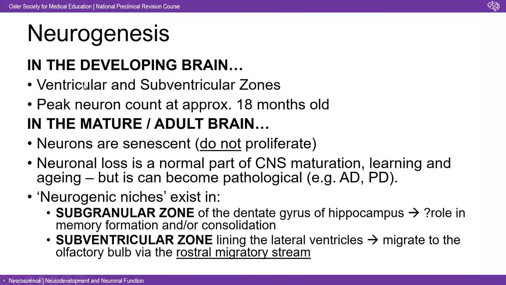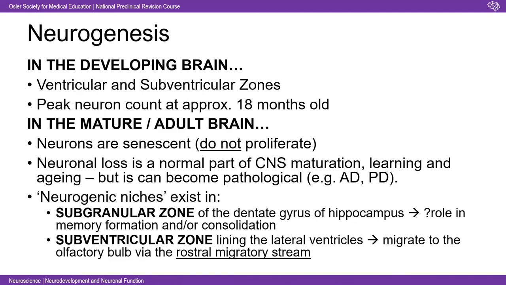So the production and the birth, if you like, of new neurons is a really important part of the development of the central nervous system, and that process is neurogenesis. Now, by the time you are an adult or even a child, we say that your brain is mature and that neurons are not proliferating, which is inconvenient at best.